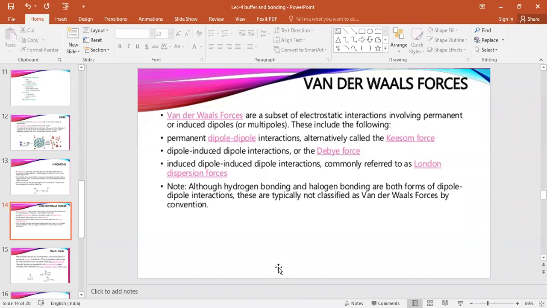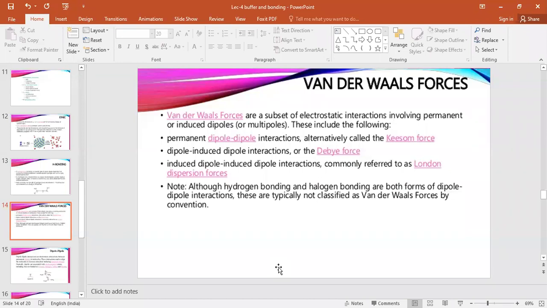Although hydrogen bonding and halogen bonding are both forms of dipole-dipole interaction, these are typically not classified as van der Waals forces by convention. In hydrogen bonding also there is a dipole interaction, but it cannot come under van der Waals forces.